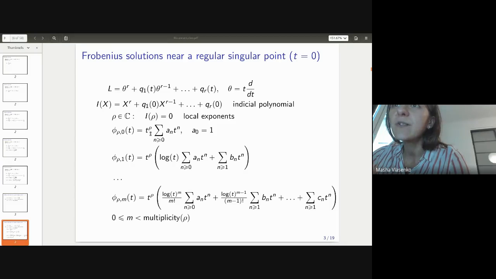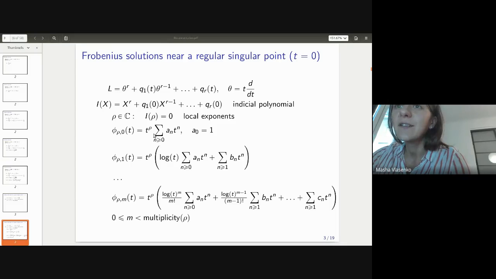So if rho is a local exponent, then e to the 2 pi i rho is an eigenvalue of the local monodromy operator near 0. And then we also have a bunch of other solutions, and there will be as many solutions related to rho as the multiplicity of rho.